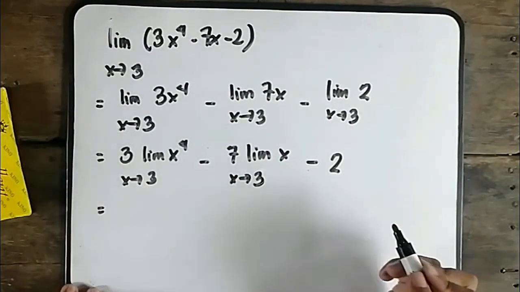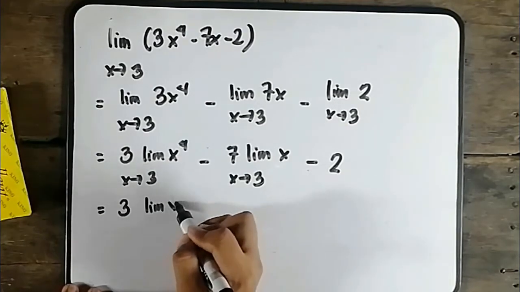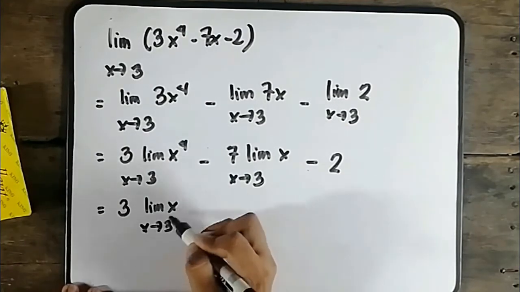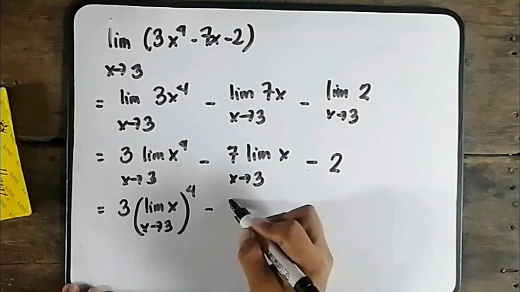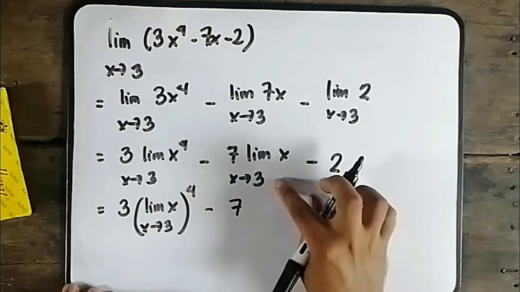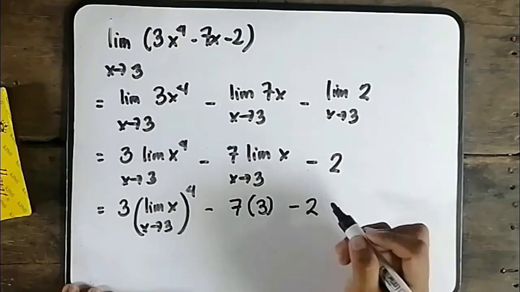So we now have by theorem 8, 3 times the limit of x as x approaches 3 raised to 4 minus 7. Ito by theorem 3, this is equal to 3, minus 2.